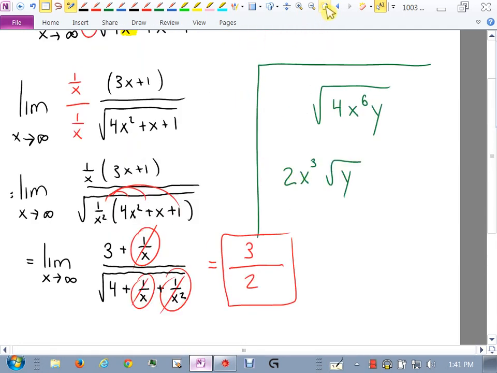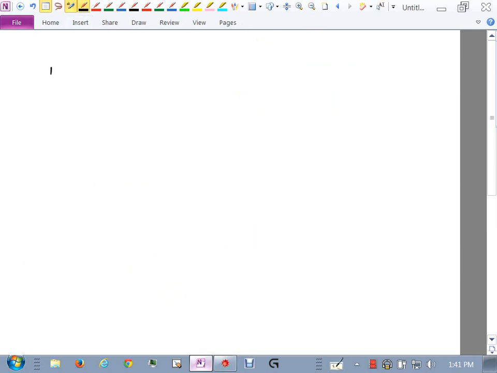I'm going to give you another example. Limit x goes to infinity, x cubed plus 2x over 10x squared plus 1.